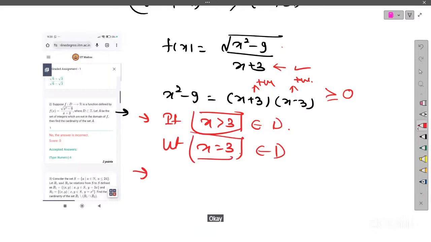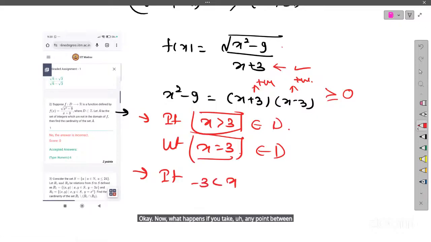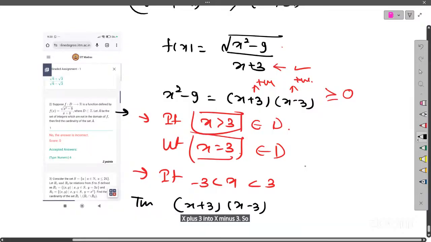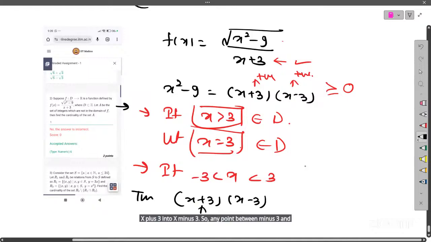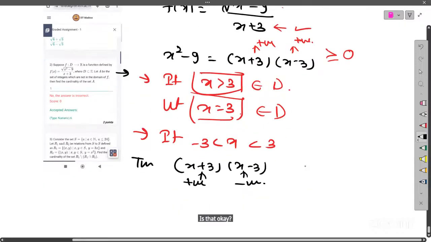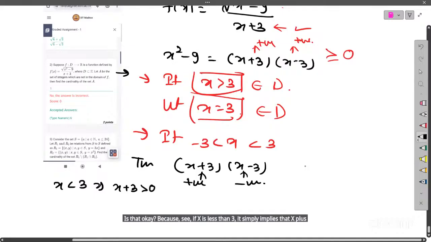Now what happens if you take any point between minus 3 and 3? What happens to the factors x plus 3 into x minus 3? Any point between minus 3 and 3 will make x plus 3 positive, but x minus 3 negative, because if x is less than 3, then x minus 3 is negative.